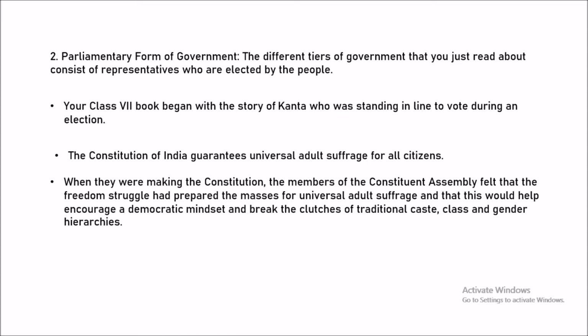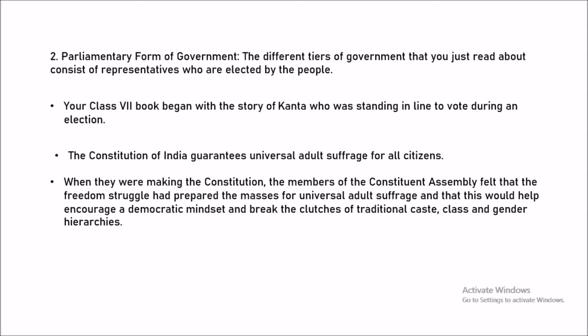These steps were made by the makers of the Constitution to uplift certain categories of people who were deprived of their equal rights during the colonial period or a long period of time.